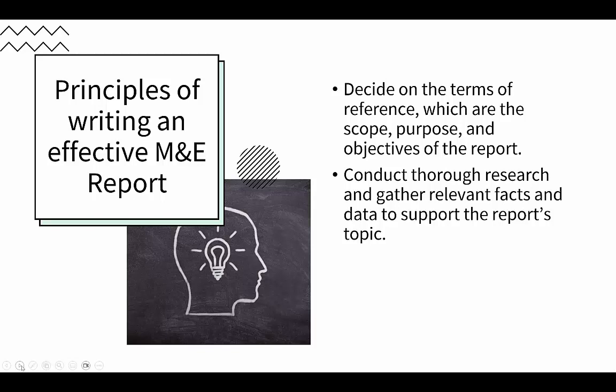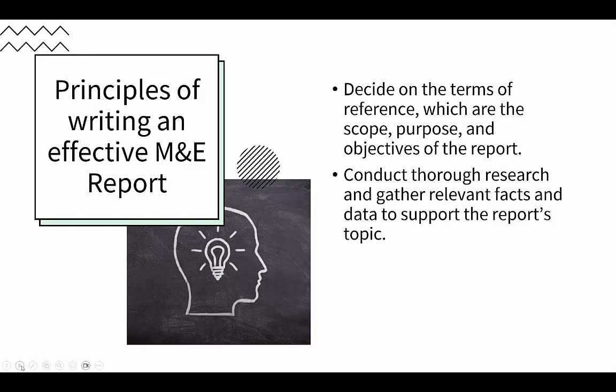So let's look at the principles. The first one is when you're writing a report, you need to establish what the purpose is. Before you write any report, make sure you establish what the purpose of this report is. What do I mean?